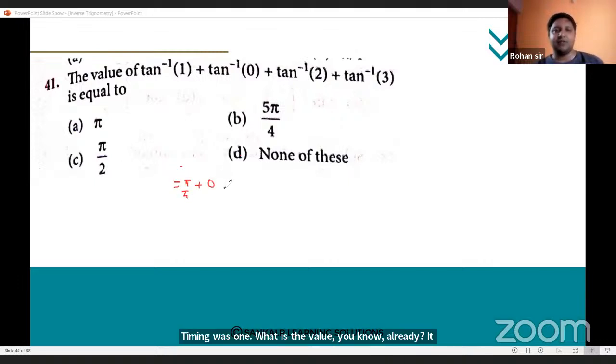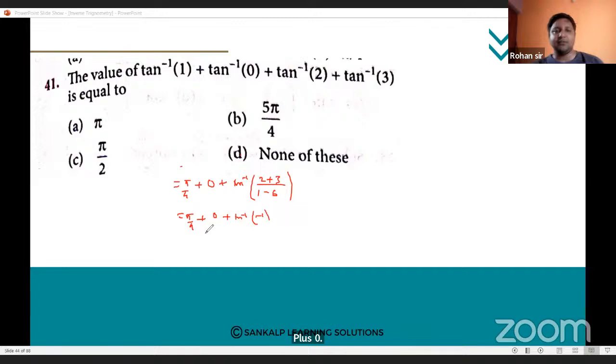Next, tan inverse 0 is 0. And then apply the formula tan inverse of 2 plus 3 divided by 1 minus 6. So we get it in the form of pi by 4 plus 0 plus tan inverse of 2 plus 3 divided by 1 minus 6.